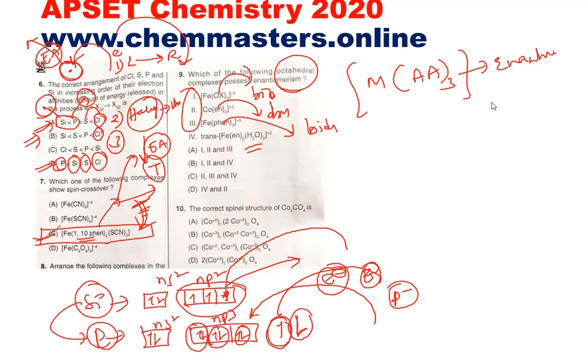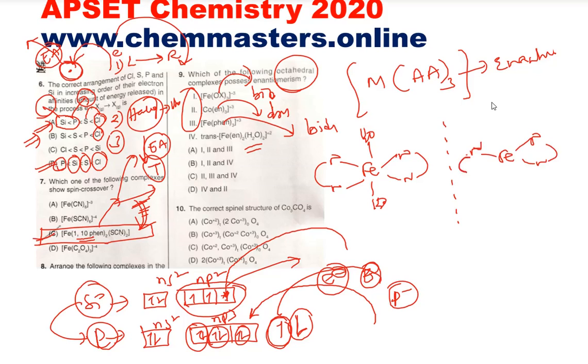Whereas if you look at the trans complex of iron, you can draw it like this. Here is a water molecule and here is a water molecule. If you try to draw another structure of this, this is the one you can draw, with H2O. These two are absolutely the same, there is no difference.